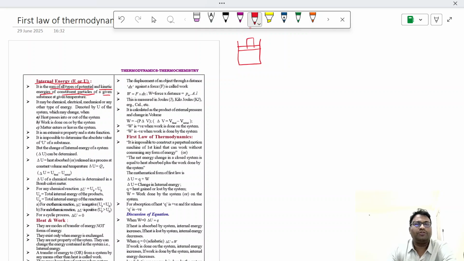These gas molecules move, and they possess some kinetic energy. As they are moving randomly and very fast, they possess mostly kinetic energy. The molecules which are moving very slowly will possess potential energy also. So whatever types of energies are possessed by the gas molecules, that comes under internal energy.